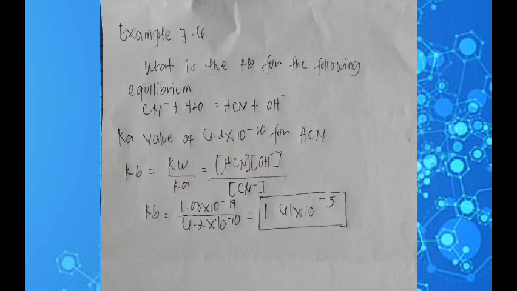So, since may mga value na, isa-substitute lang natin sa given equation. So, ang Kb equals to Kw divided by the Ka equals to HCN then OH negative over or divided by the CN negative.